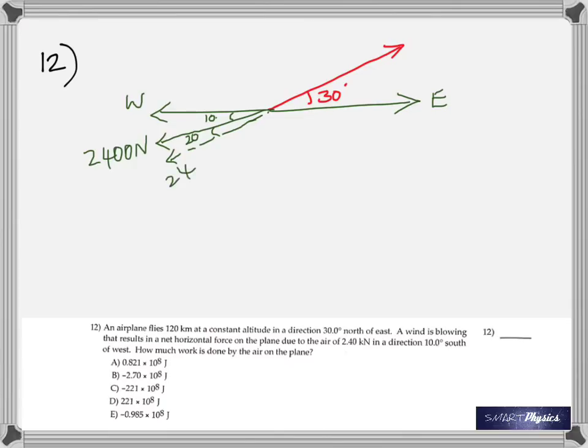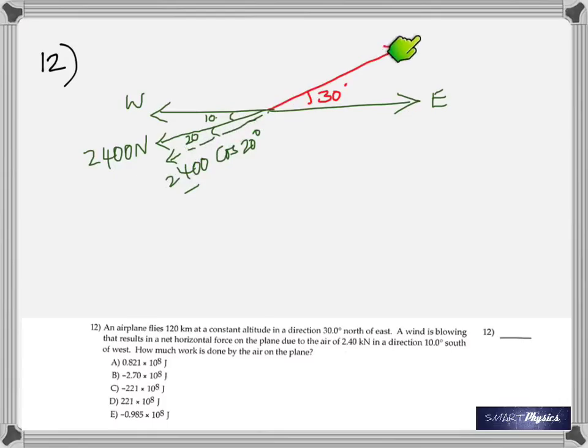Now, that's the force applied by the wind. That's 2.4 kilonewtons, which is 2,400 newtons. And I'm actually resolving this into two components. Isn't this going to be cos because it's the adjacent side? Come on. Yes.